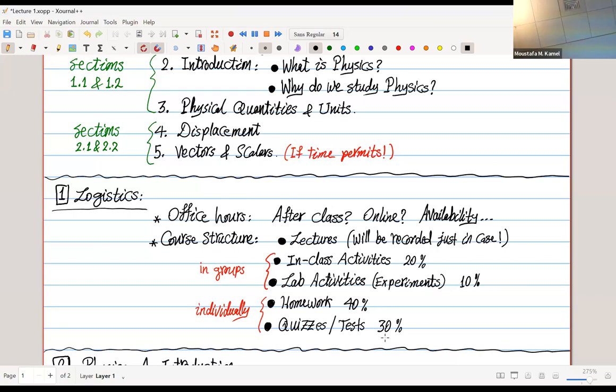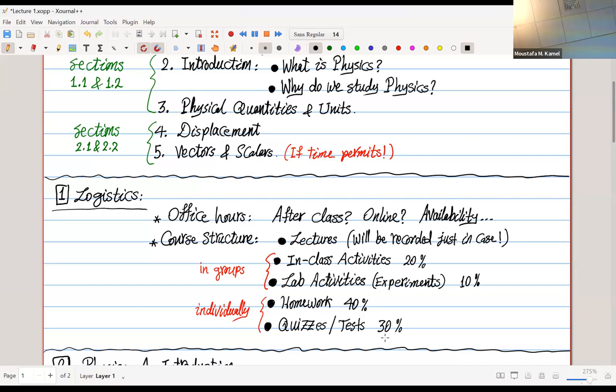In-class activities and lab activities are done in groups. So when we grade them, we only take one person at random and grade their work and give the rest of the group the collective grade. Of course, it's for participation, so there is not an actual grade, just the feedback.